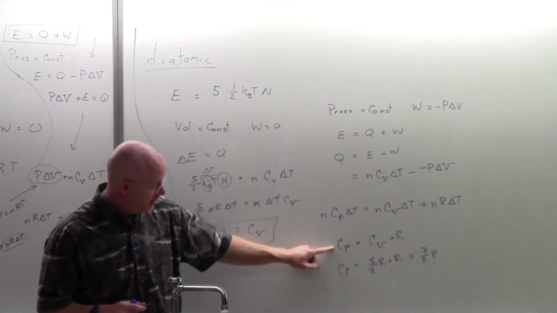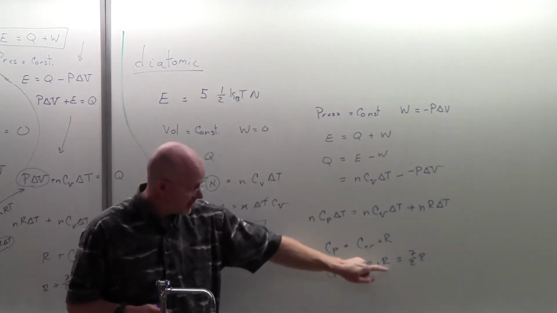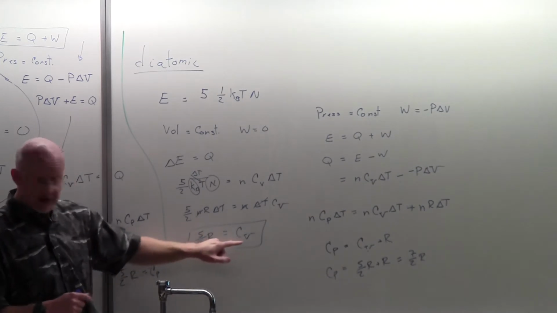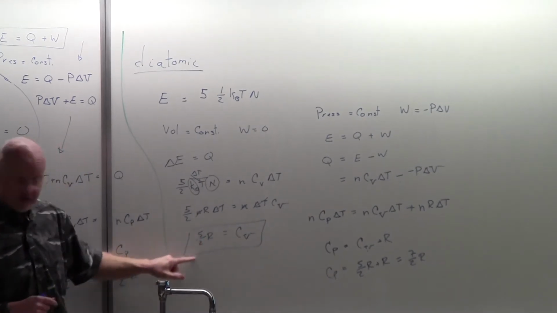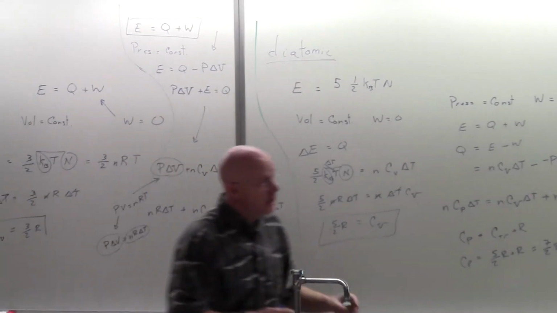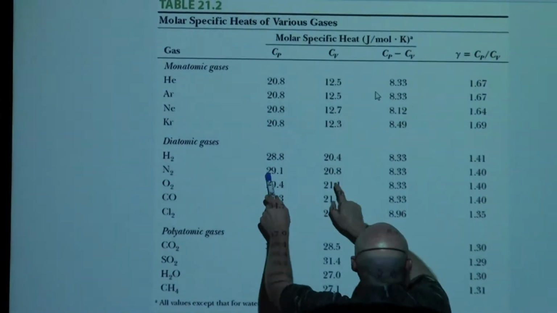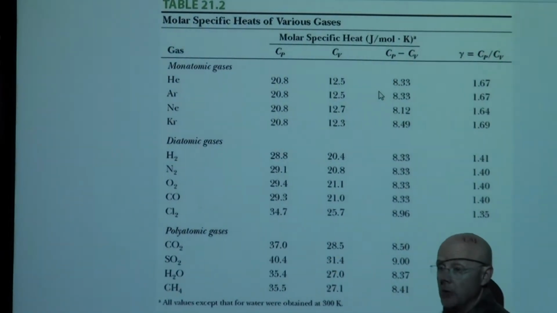Yeah, so Cp is Cv plus an R. Cv is 5/2 R. And sure enough, these all come out to be near 29.1. The difference between them is 1 R.